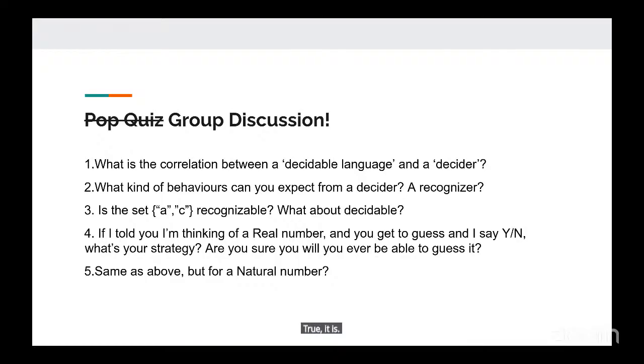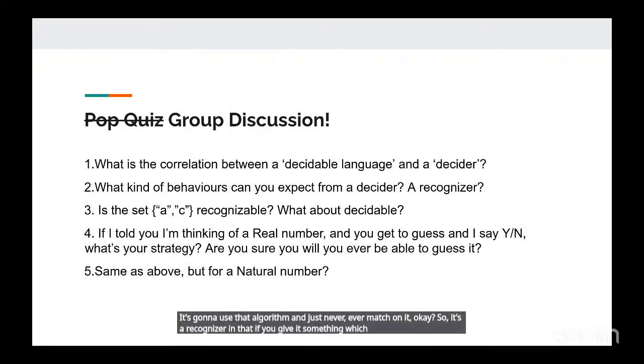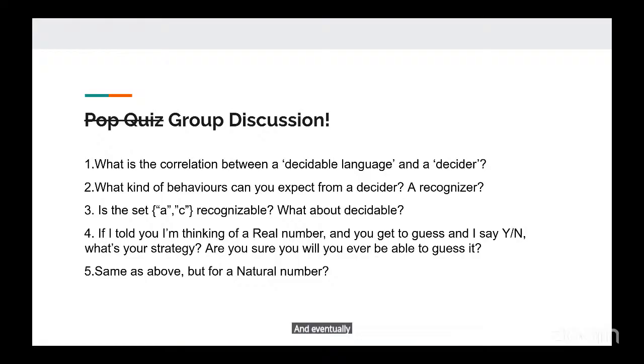If you give it something which is not part of the natural numbers, like A, it's going to use that algorithm and just never match on it. Okay? So it's a recognizer in that if you give it something which is a member of the set, it can generate all the members of the set, and eventually it will generate that thing you were asking it to check. But if you give it something which is not a member of that set, it's never able to generate it.